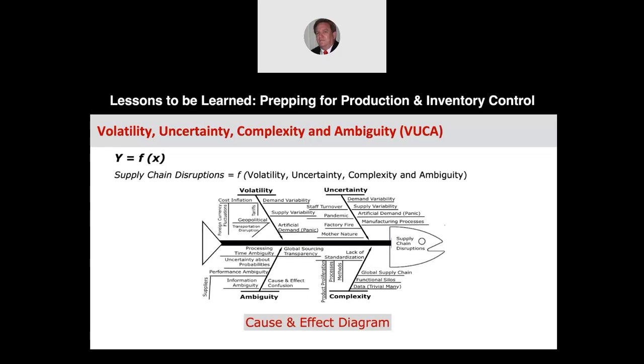Ambiguity is global sourcing, transparency, processing time, uncertainty about probabilities, performance, and cause and effect confusion, not being able to really focus on what the root cause is.